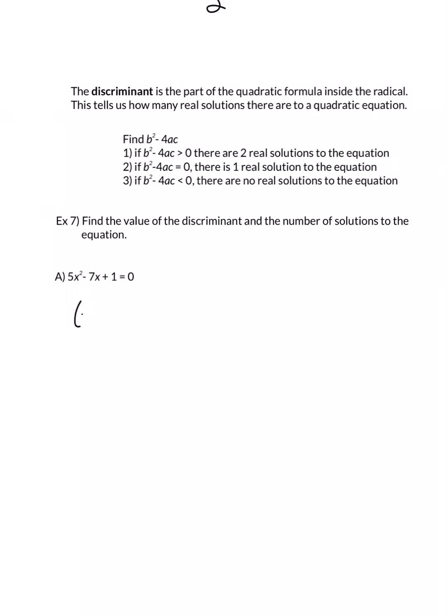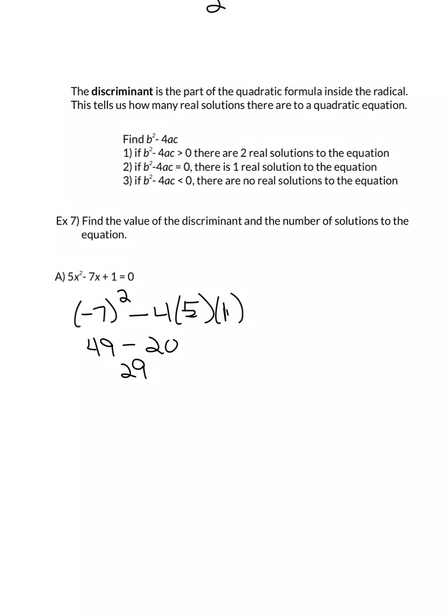So we are going to do negative 7 squared minus 4 times our a, which is 5, times our c, which is 1. If we do this arithmetic, we will get 49 minus 20. This gives us 29. So the value of our discriminant is 29. That's the answer to the first question.